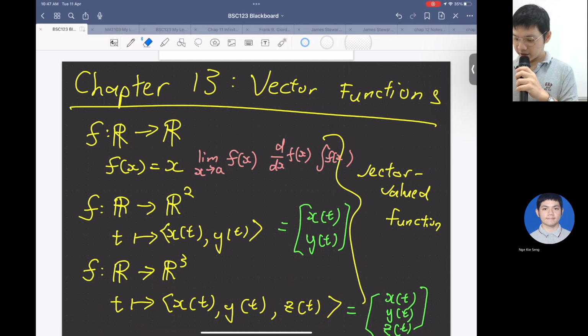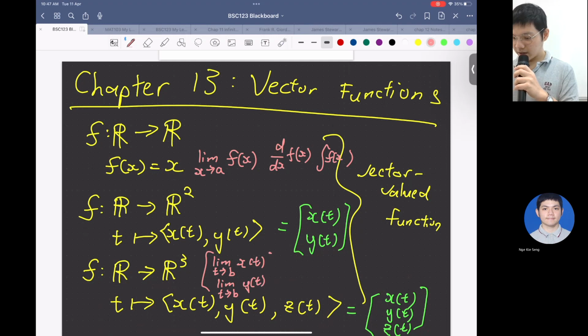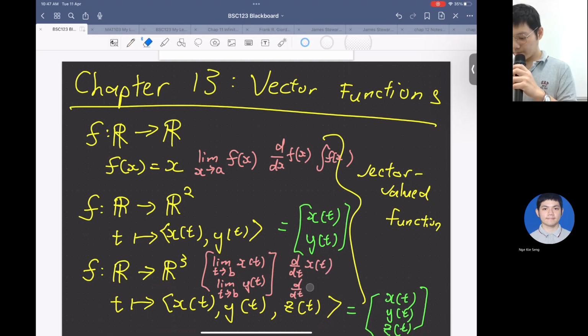Let me write it in this form. You take the limit on all of them, maybe as t goes to some b of x(t), then as t goes to b of y(t). And then you also do differentiation on both of them. This is what we did last time.